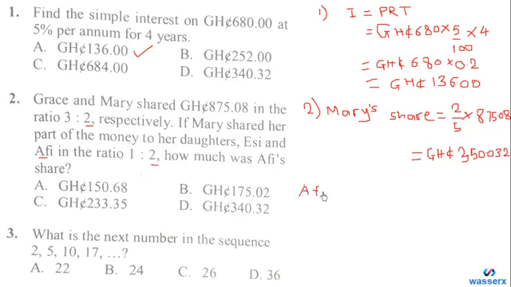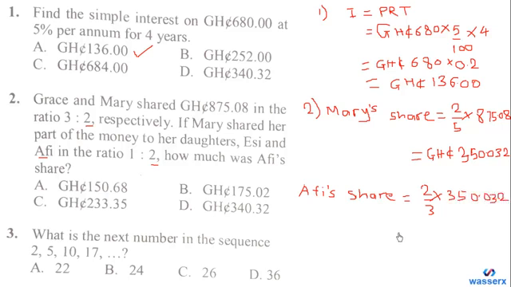Now we need to use the second ratio because Mary shared her part of the money to her daughters Ama and Afi in the ratio 1:2. So Afi's share will correspond to Afi's ratio over the total ratio times Mary's share. So Afi's share will be equal to 2 over the total ratio, which is 3, times 350.032.